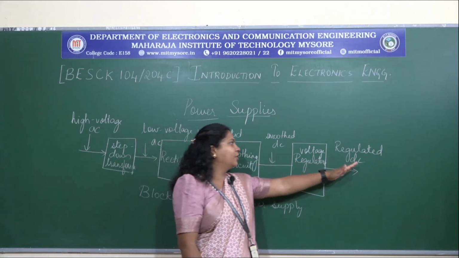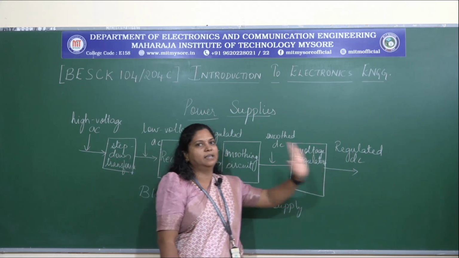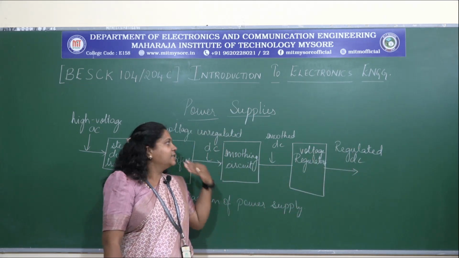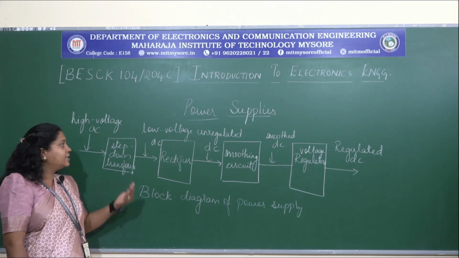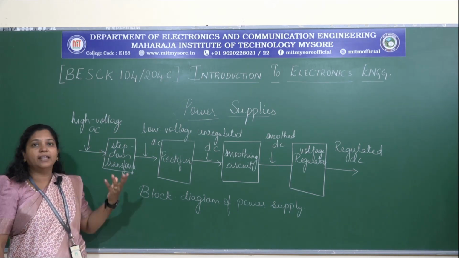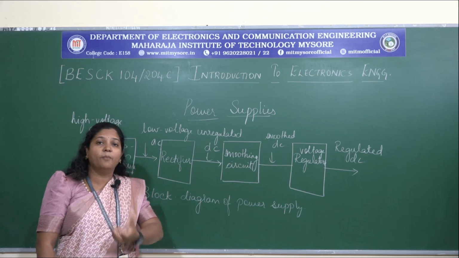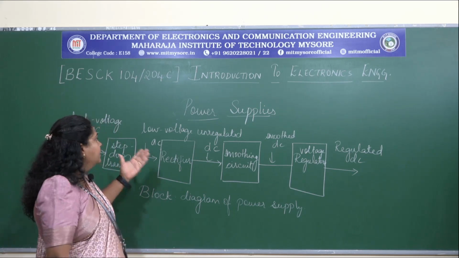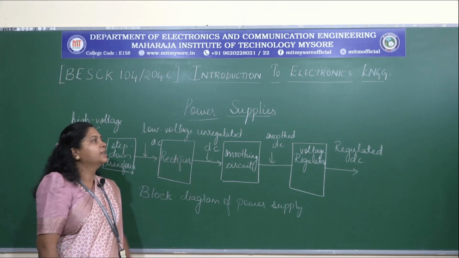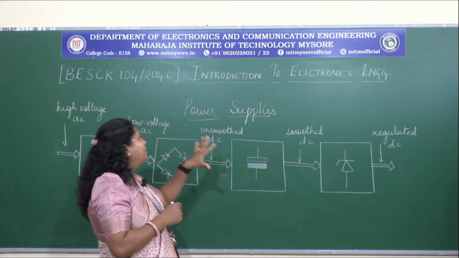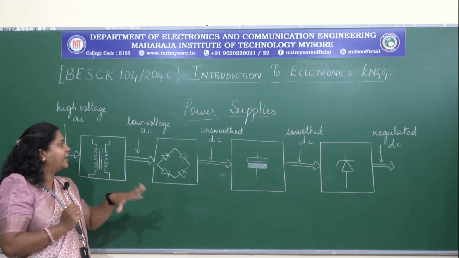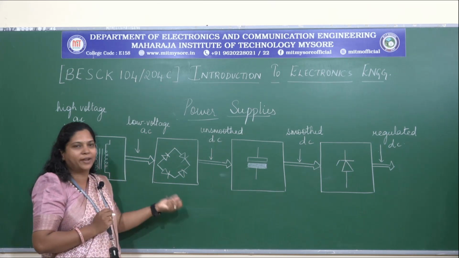Then finally we are going to get a regulated DC power supply. This is the general block diagram of a power supply. Later we will see the various principal components that we can use in this power supply unit.